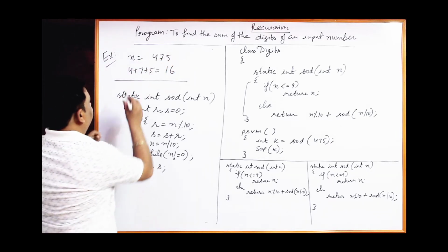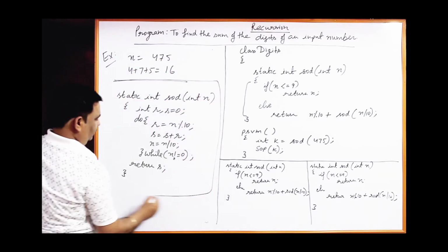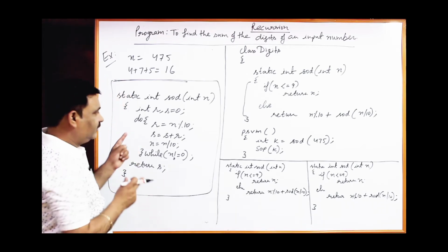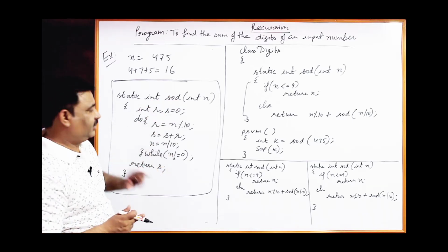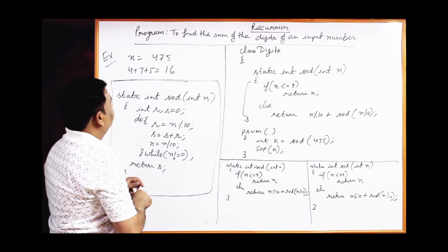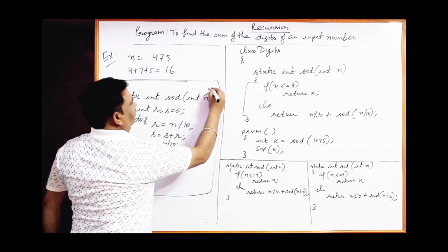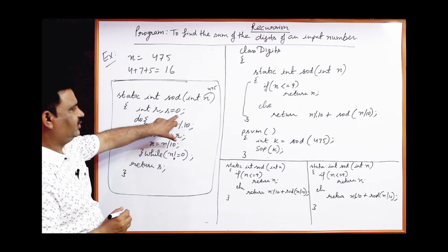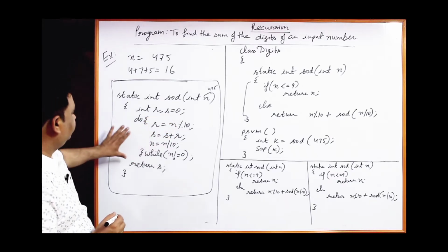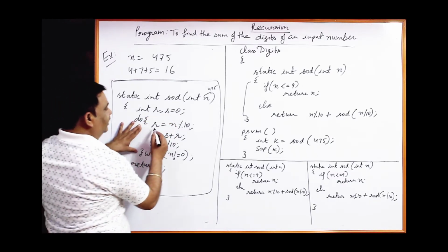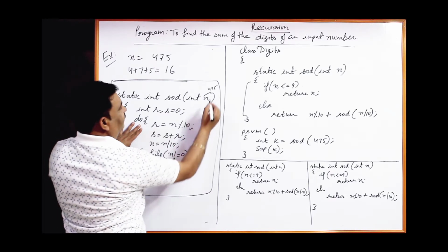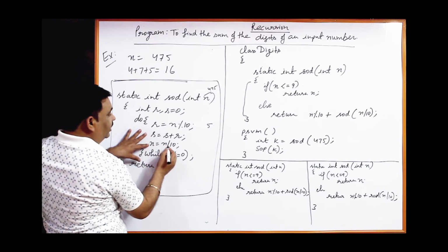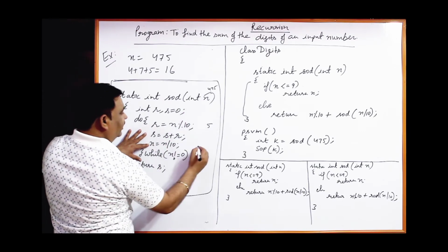Here I have made a non-recursive function, which I had already explained in the previous videos, but again I am going to explain the same thing. See, suppose the number is 475. I have taken two variables, r for the remainder, and 0 is stored in the variable s for the sum. Start the loop, get the remainder by dividing by 10, you will get the first remainder 5. 5 will be added in s, divide the number by 10, 475 divided by 10, you will get 47.